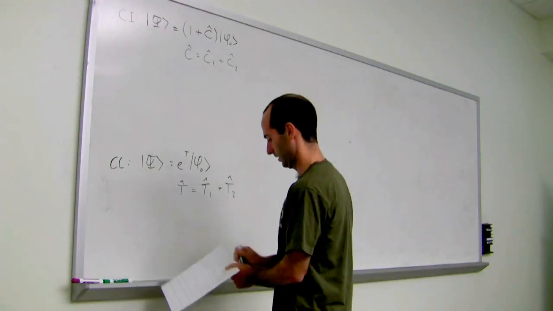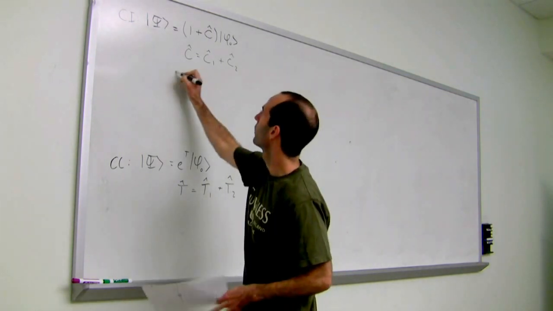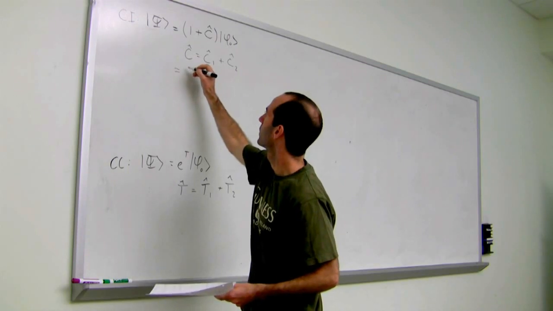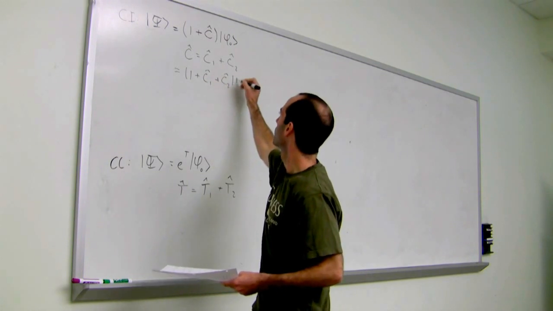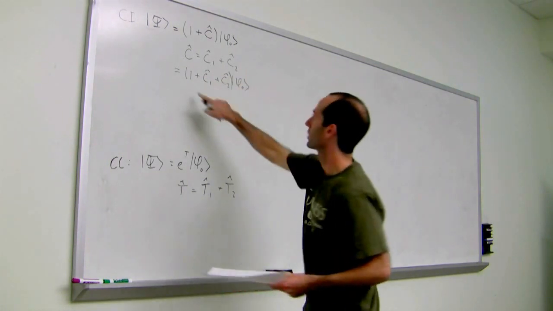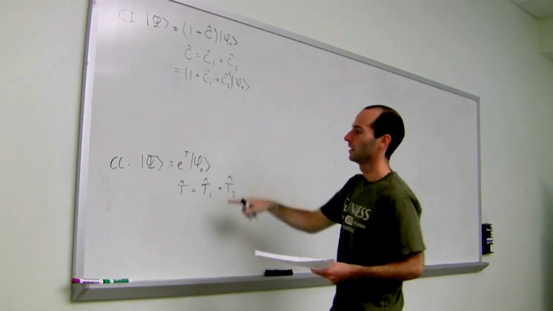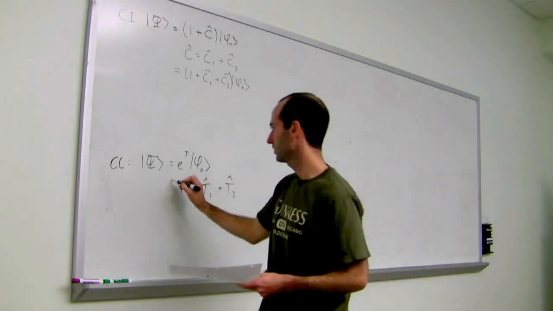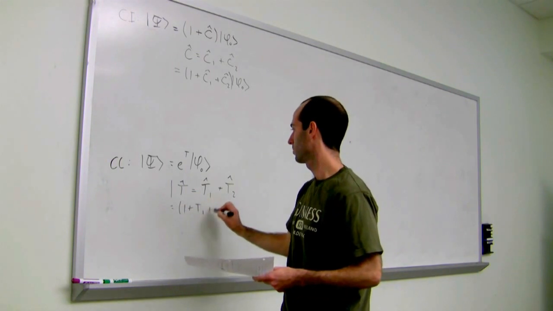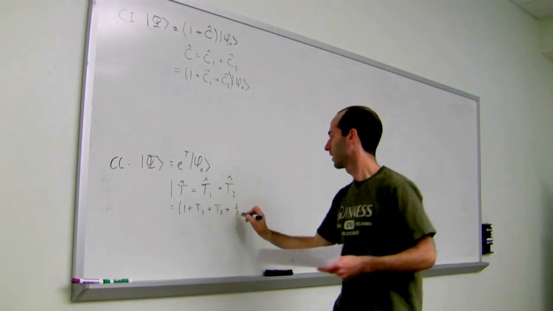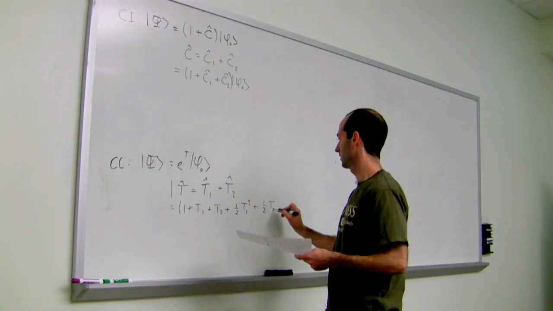The wave function is 1 plus C1 plus C2, inside 0. So this gives us the reference, singly excited functions, doubly excited functions. The CC wave function looks completely different. You have 1 plus T1 plus T2 plus 1/2 T1 squared plus 1/2 T2.